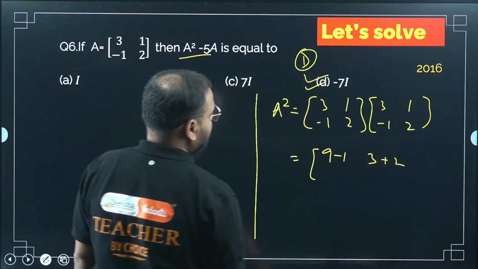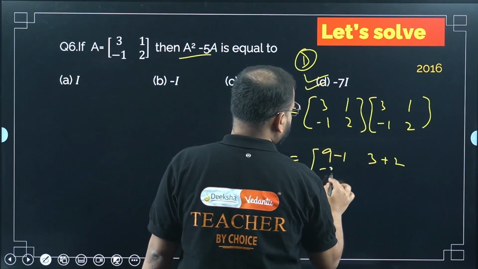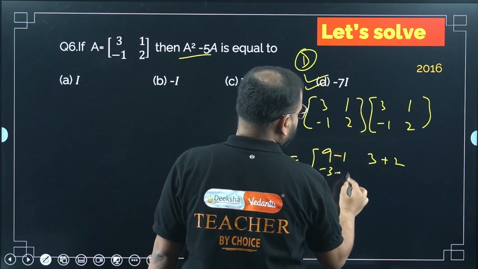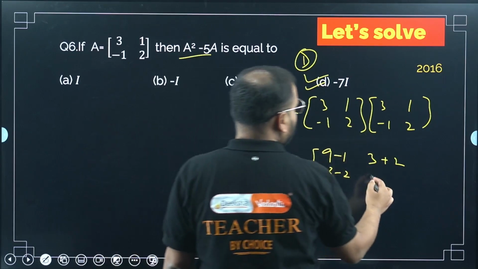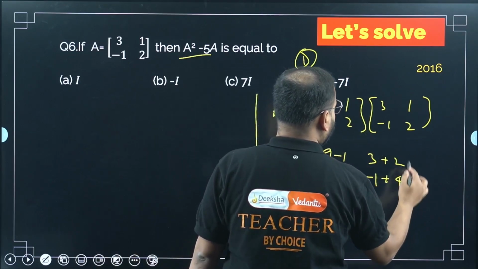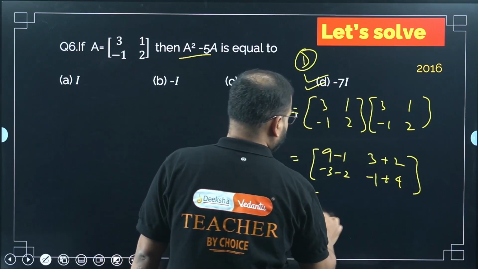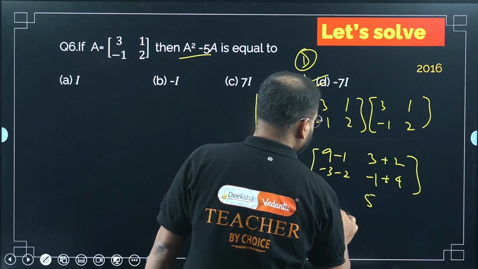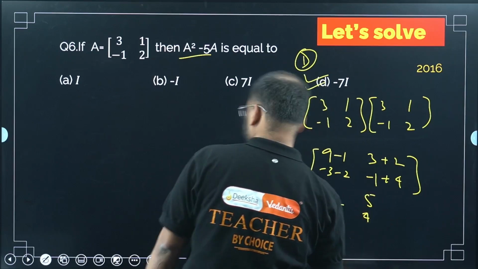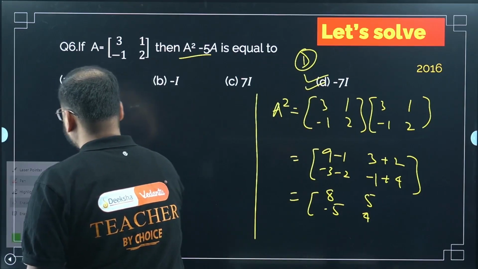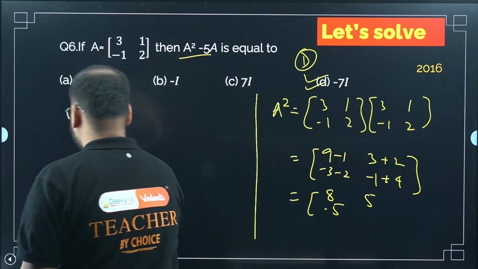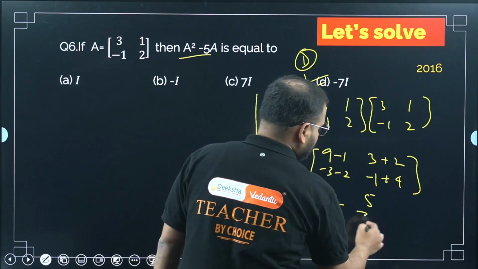What about this? Minus 3 and minus 2, and this will be minus 1 plus 4. I'm getting 8, 5, minus 5 and plus 3. I hope there is no mistake in calculation today.